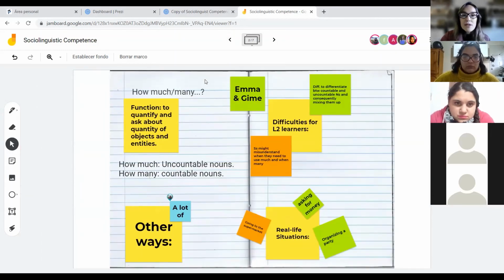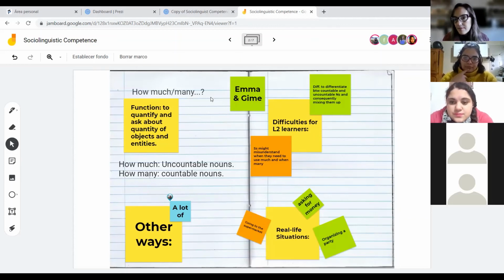How much and how many: the function is to quantify and ask about quantity of objects and entities, okay? How much for uncountable nouns, how many for countable nouns. Other ways: you can say a lot of, or lots of, some, a few.